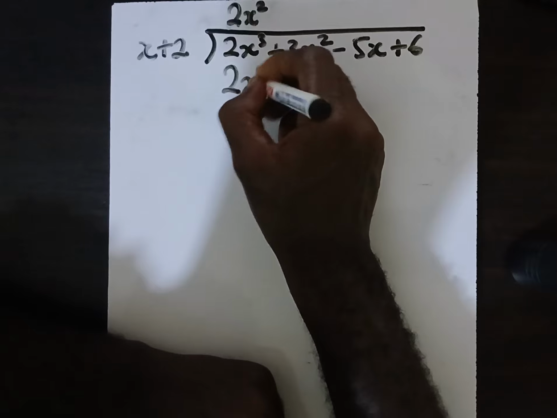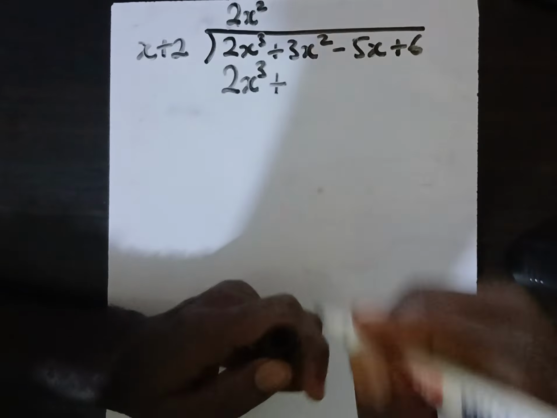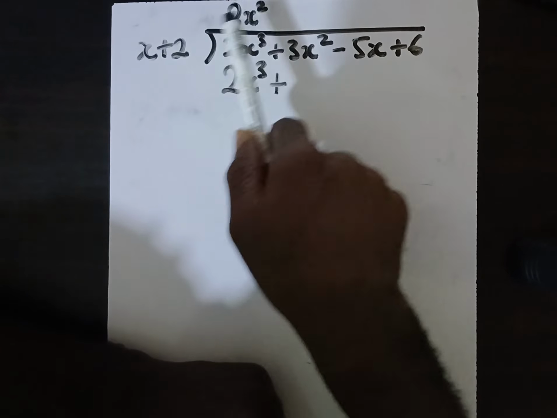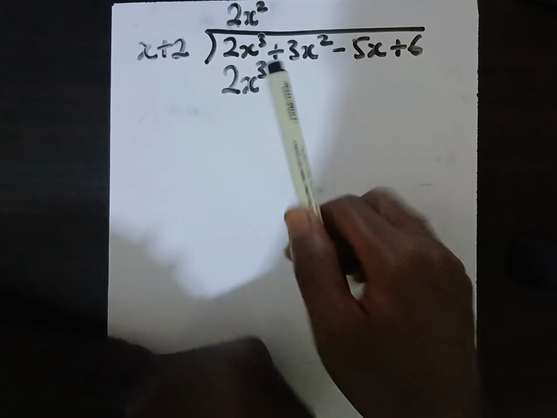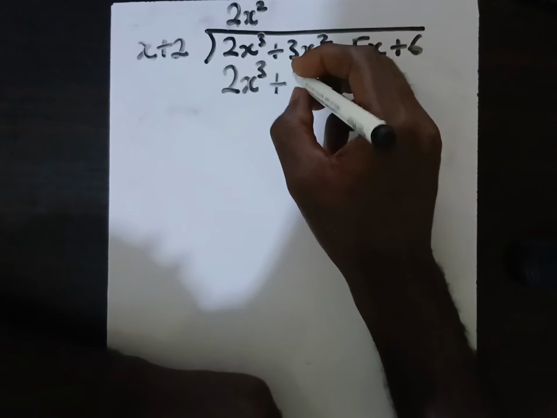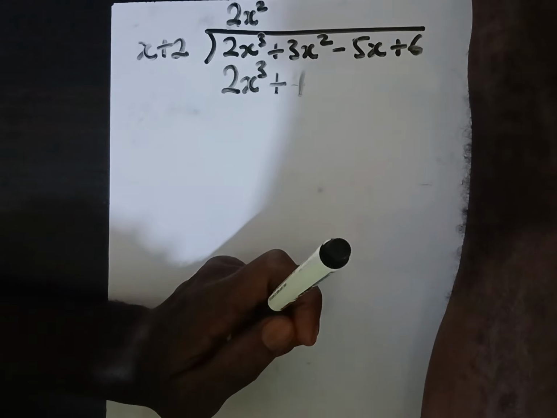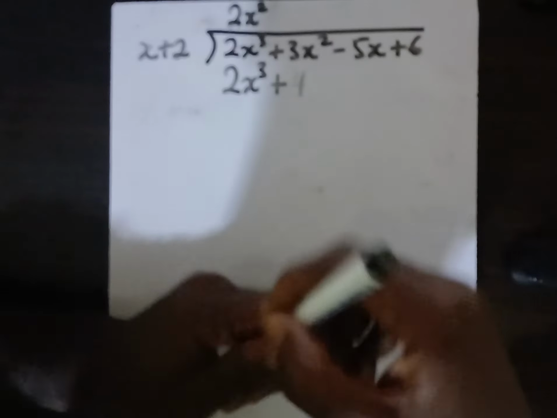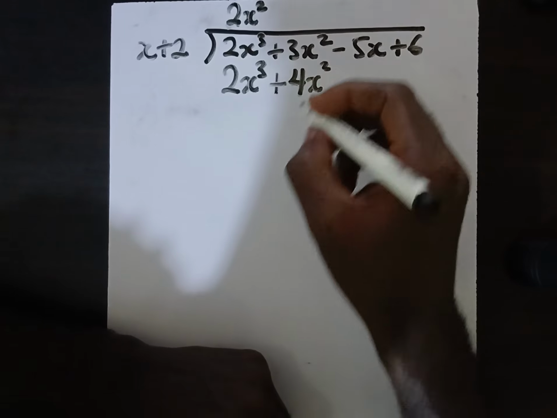The operator is addition here. So 2x squared times positive 2 is going to give you positive 4x squared.